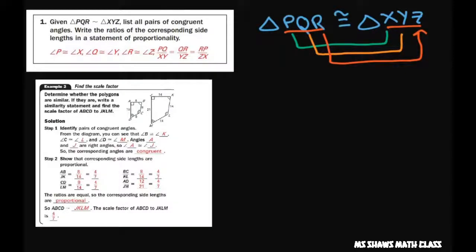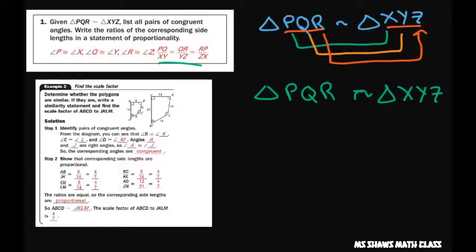All right. And then for the sides, you do the same thing. They have them listed, but I'm going to do it this way. So I'm going to write it again. PQR is not congruent, this should be similar. Sorry about that. Triangle PQR is similar to triangle XYZ.